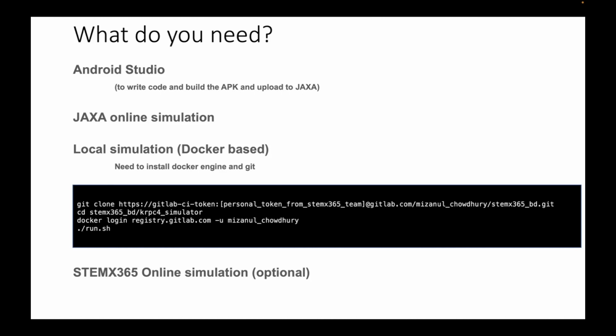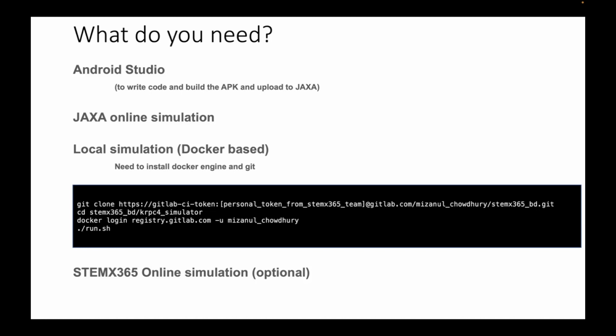We will help with that in the future, but we made it very easy. You clone the repository, change the directory to this folder, log into the registry, and then run this bash file. That's all you need to run your local simulation.